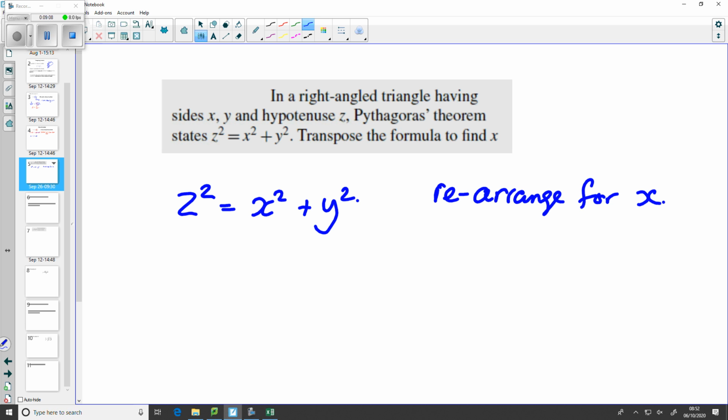We want it to be x is equal to something. Well, we're going to start with that. Ideas? y squared is a number on its own, so we don't have to worry about it being squared. You can actually move it all in and deal with one entity.